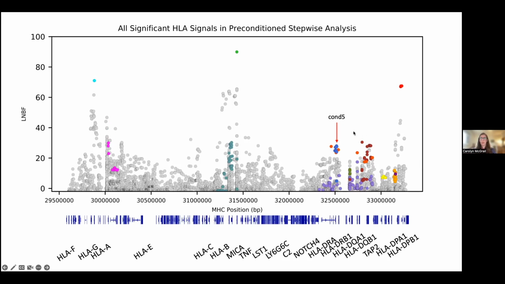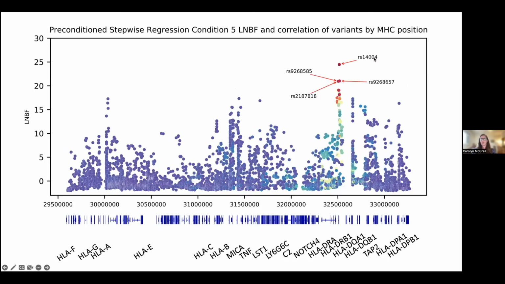Condition 5, for example, was described in a gene regulatory network study where they combined a bunch of different genomic and genetic assays and pulled out the lead variant in this credible set, rs14004, as likely describing potentially B cell involvement, which is pretty much what we would see here as well.